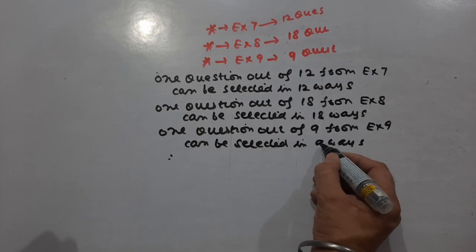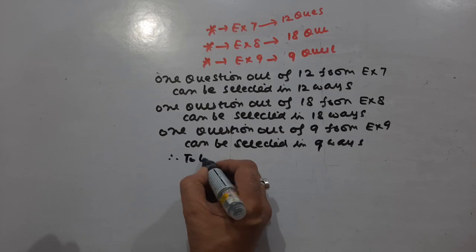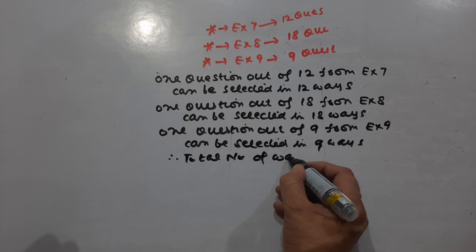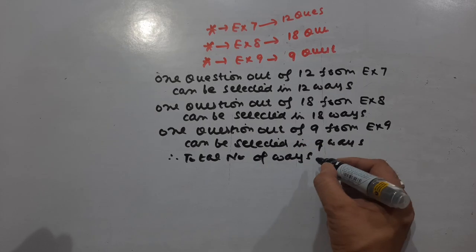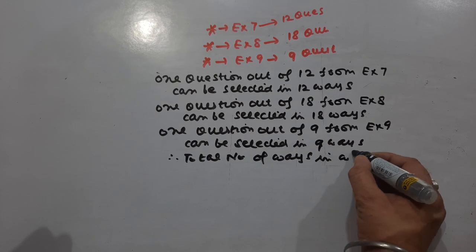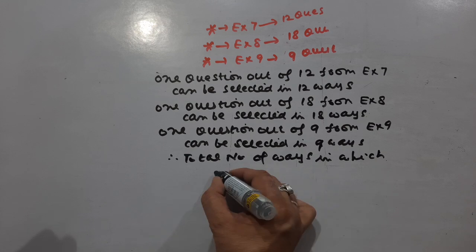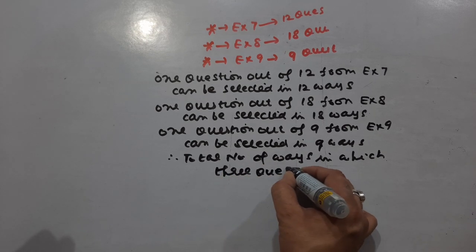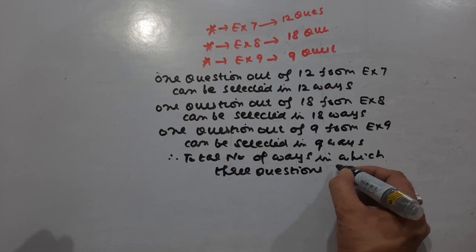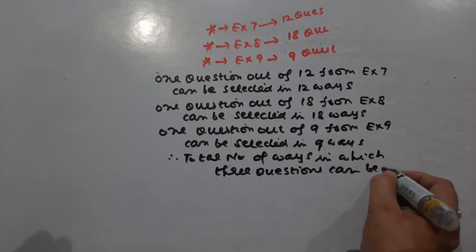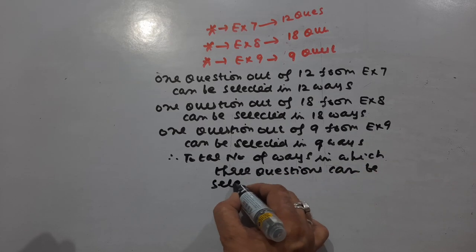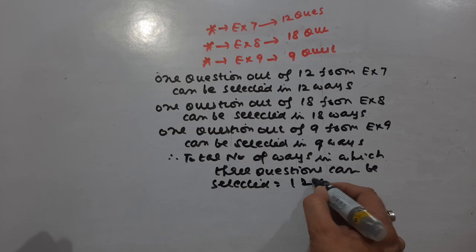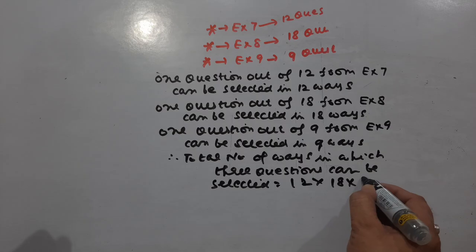So therefore total number of ways in which 3 questions can be selected equal to 12 into 18 into 9.